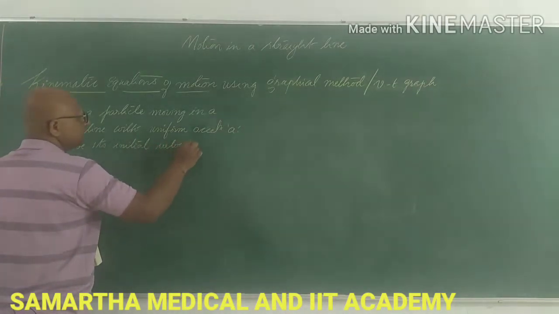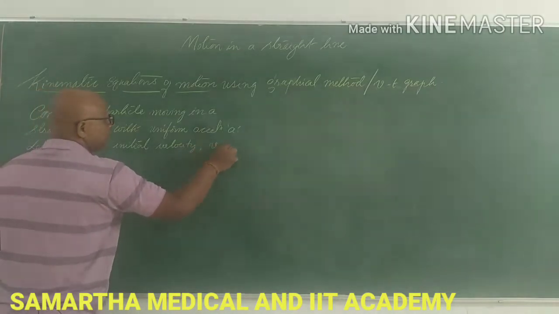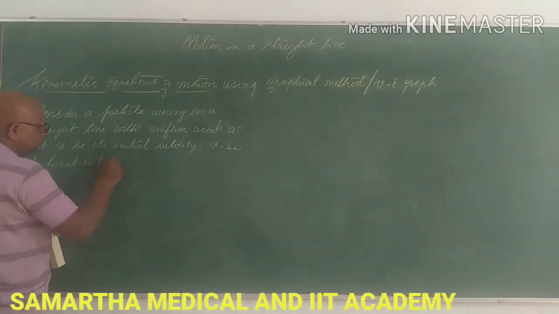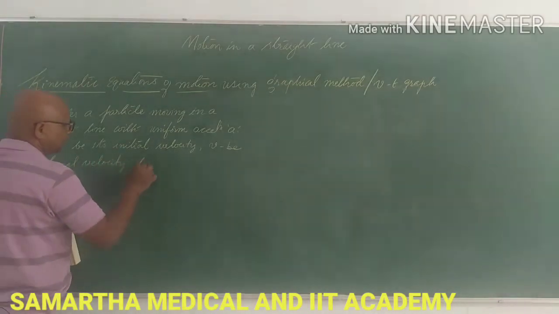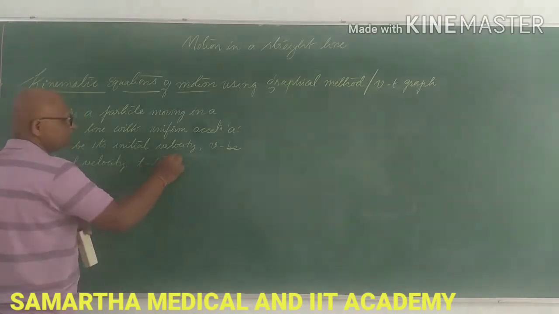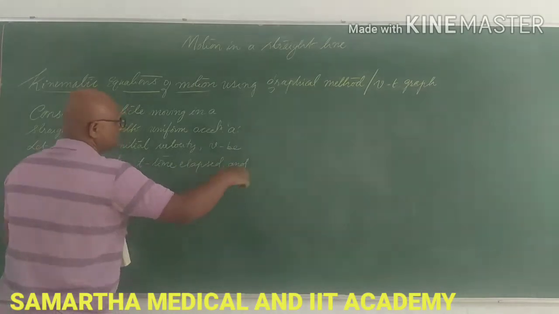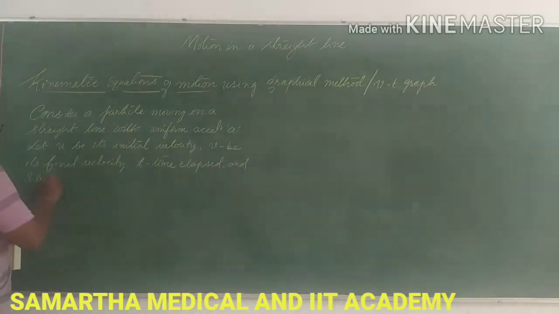U is its initial velocity. V be its final velocity. T is time elapsed, and S be the displacement.